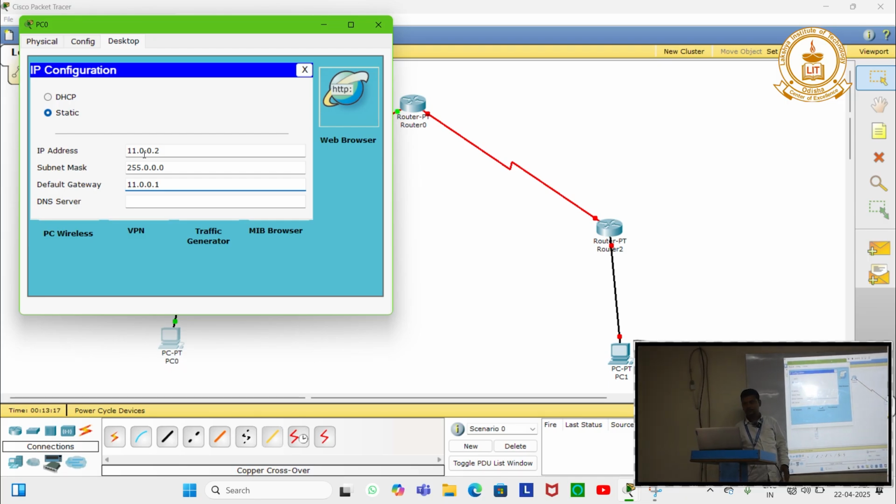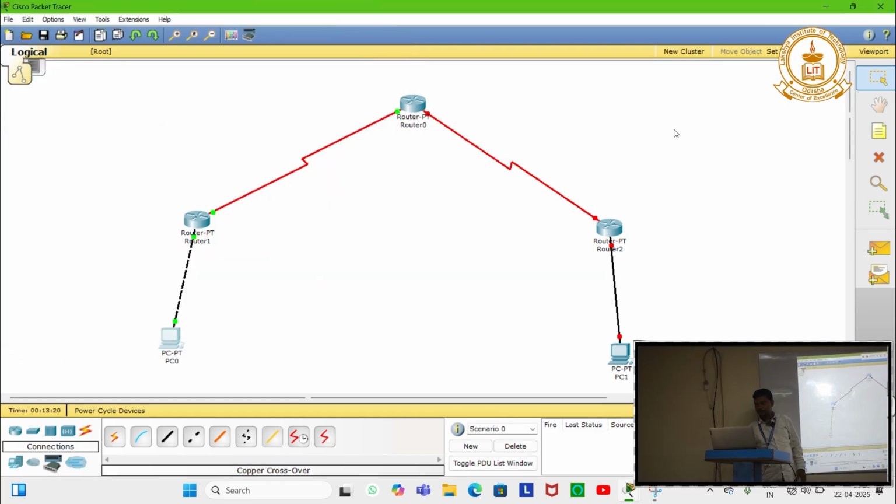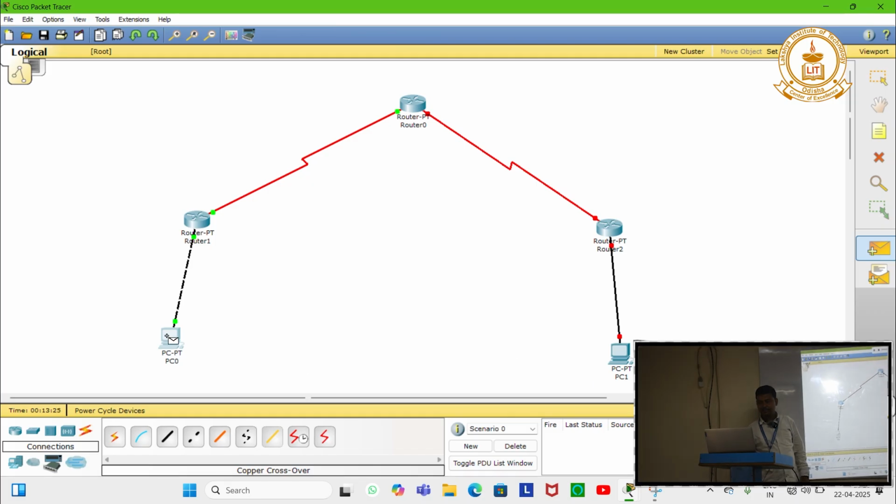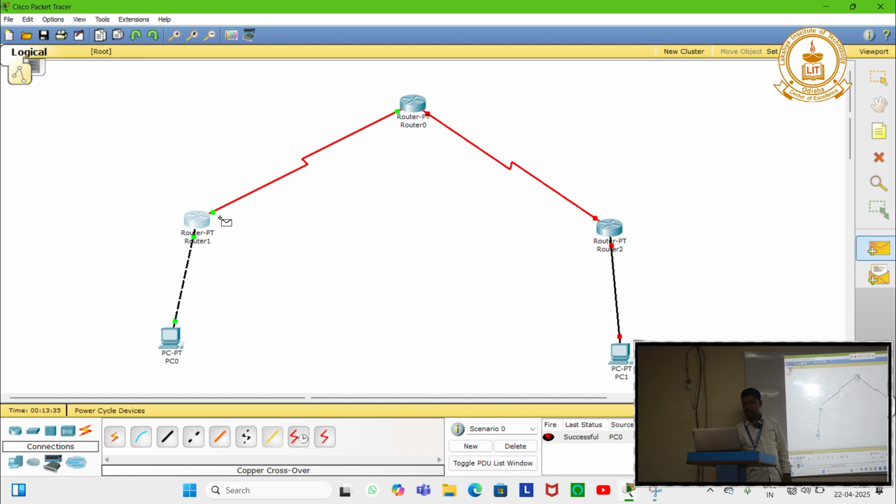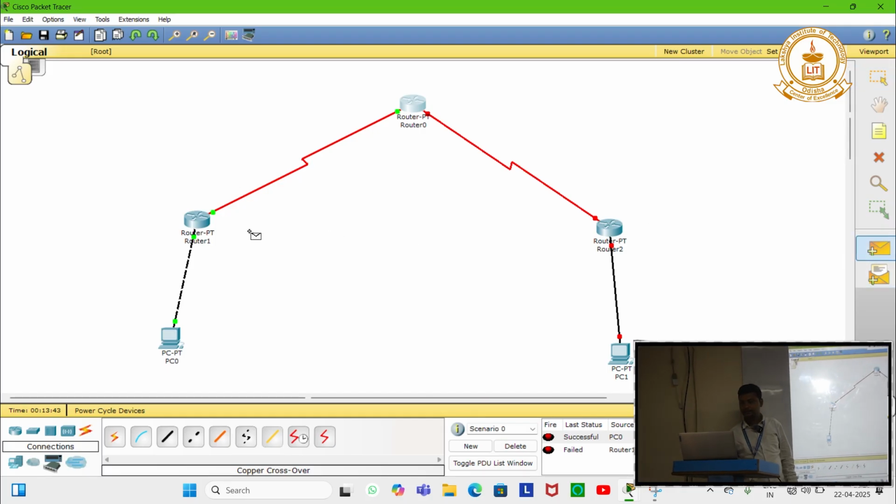So we are using packet, FTP, file transfer protocol. PC to router successful. Another router to router successful. Router to router failed. Router to router failed.